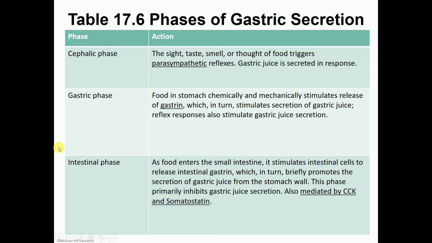It's not until we reach the intestinal phase where, again, we're now emptying the stomach. Chyme is going now towards the small intestine. At that phase, we no longer need gastric juice. So that is mediated by these two hormones, CCK and somatostatin, which are going to be inhibitory to gastric secretions.